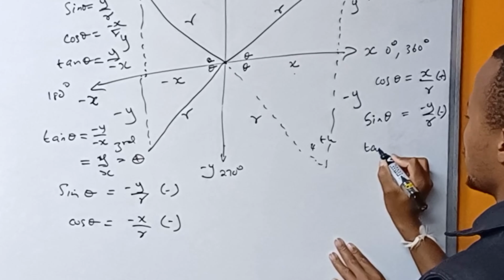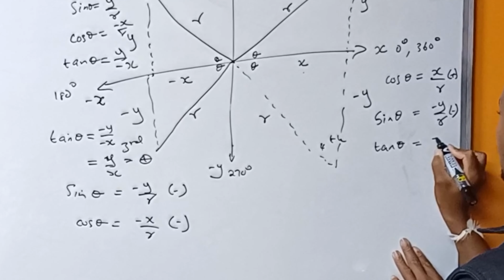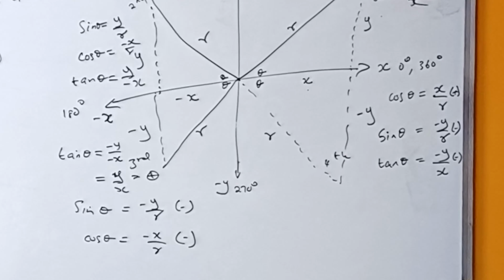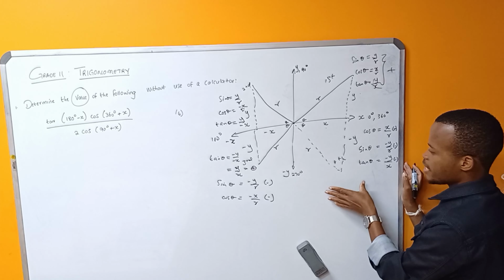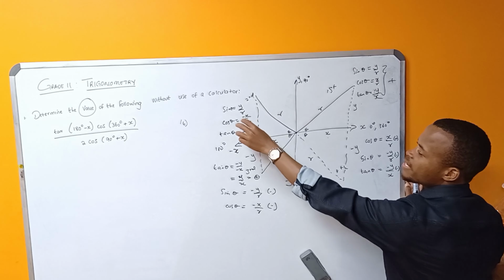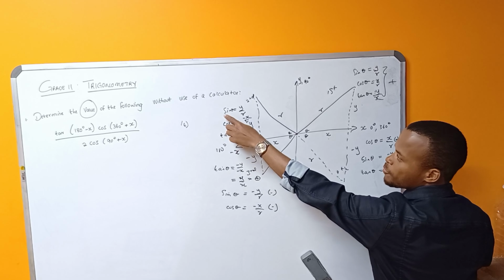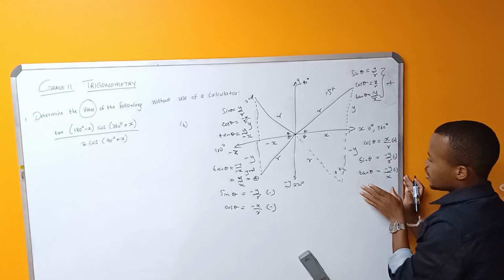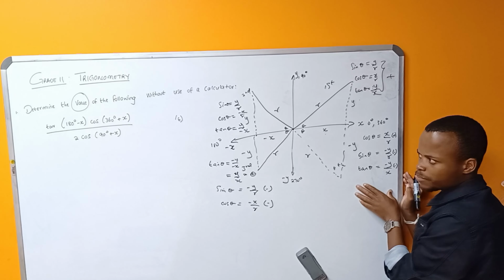For tan theta it becomes minus y over x, which is negative. So the first quadrant, they are all positive. The second quadrant, they are negative except for sine. Sine is positive in the second, tan is positive in the third, and cos is positive in the fourth.